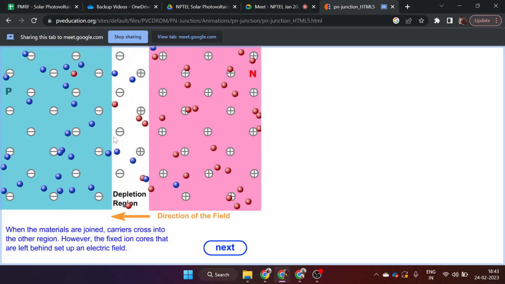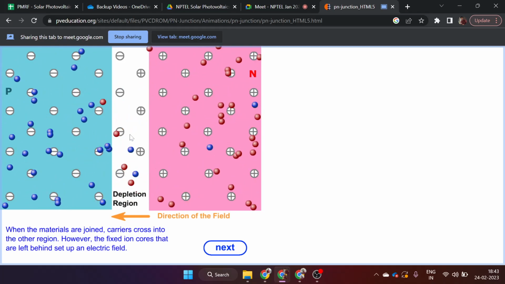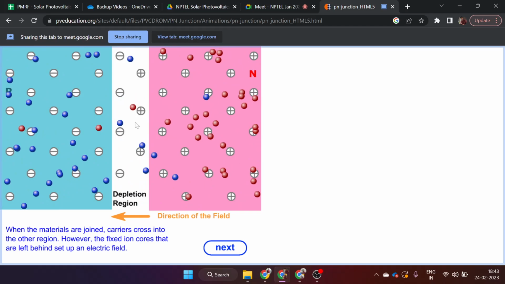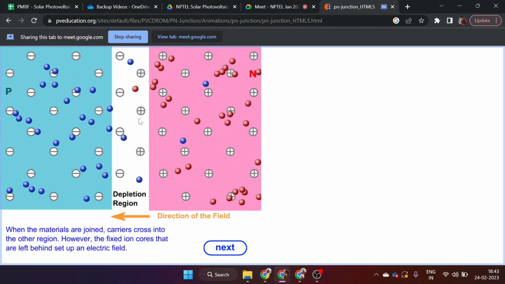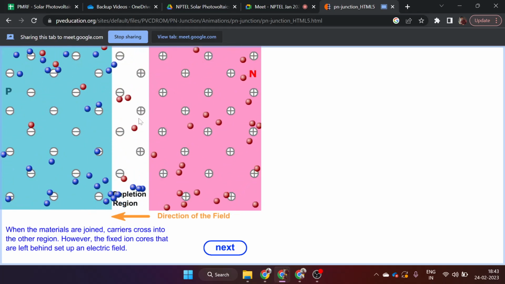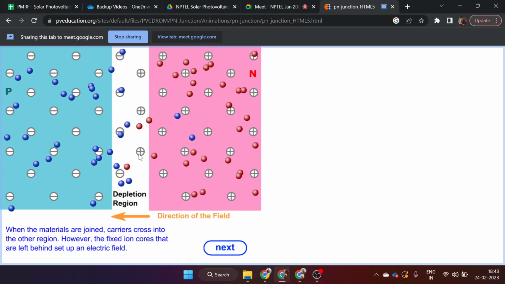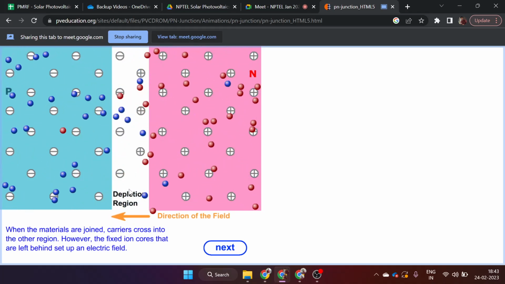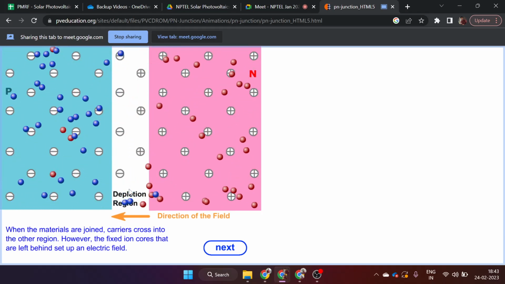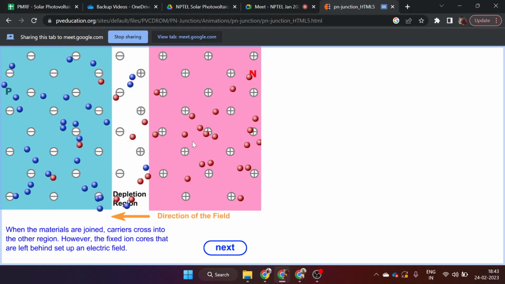And at the same time, you can see if any electron or hole comes into this depletion region, it will move much faster. Why? Because of the electric field. So inside this depletion region, drifting is happening. You can say an electron or hole is drifting, and here it is diffusing.